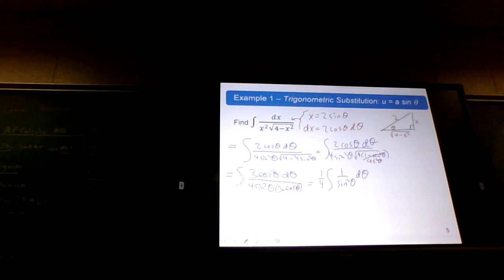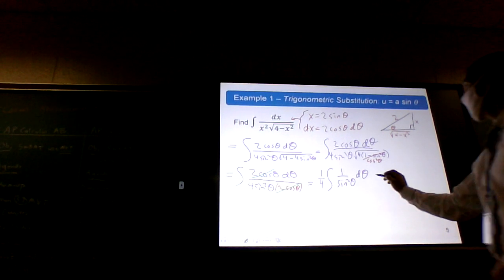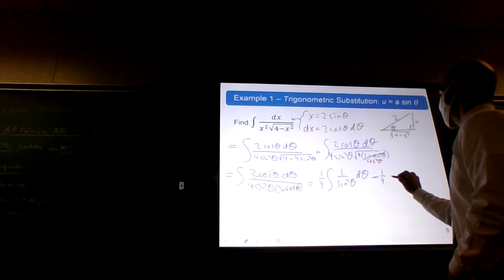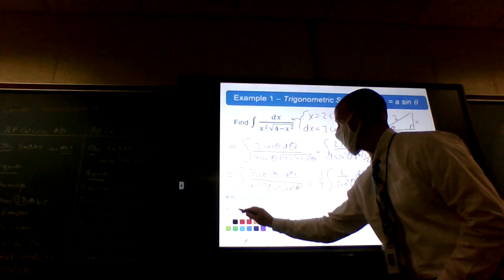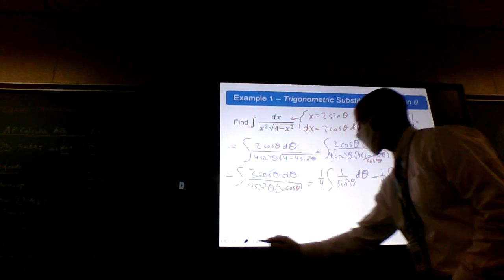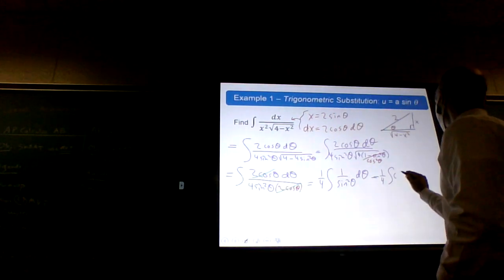Does anybody remember what 1 over sine theta is? Is it cotangent? Is it secant? Or is it cosecant? Yes, it's cosecant. So this is 1/4 the integral of cosecant squared theta, we typically spell it this way.